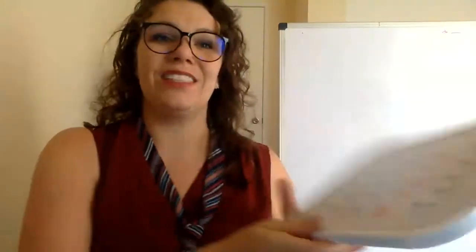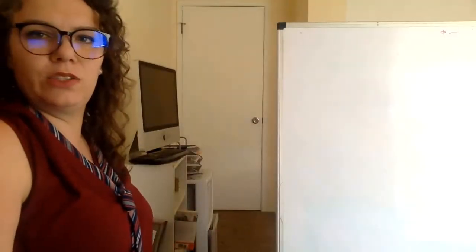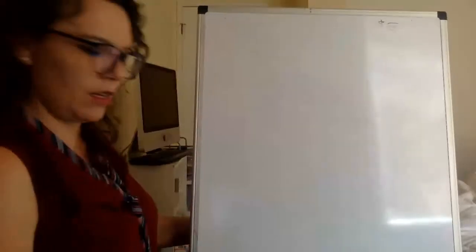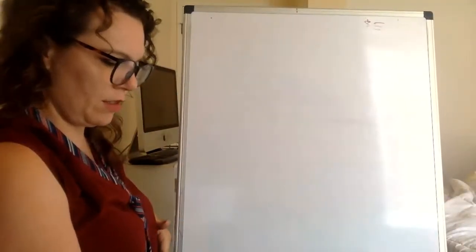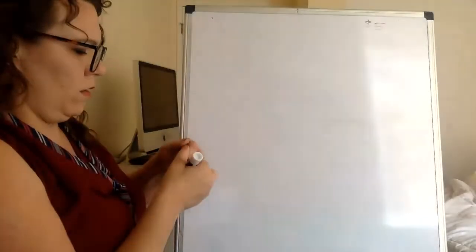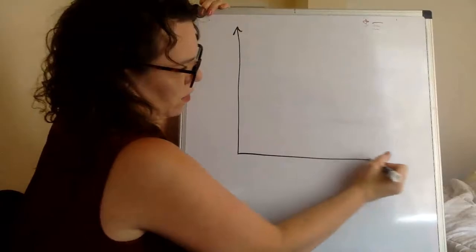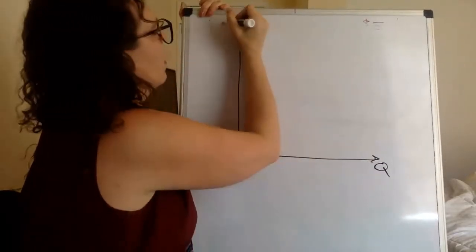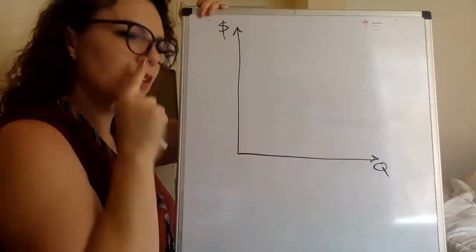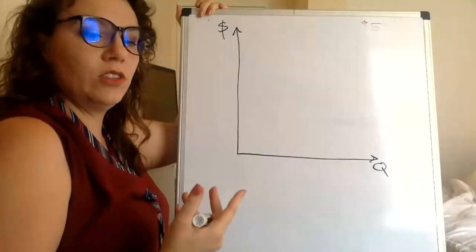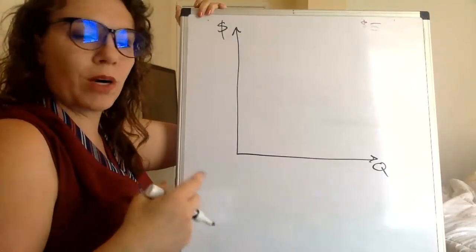So the next thing we want to do is graph marginal cost, average total cost, and average variable cost for this firm. So let's take it back to the big whiteboard and get that graph for you guys. So we've got our marginal cost, average total cost, and average variable cost, which range from 1 to the highest of $17 for the marginal cost of that last unit.